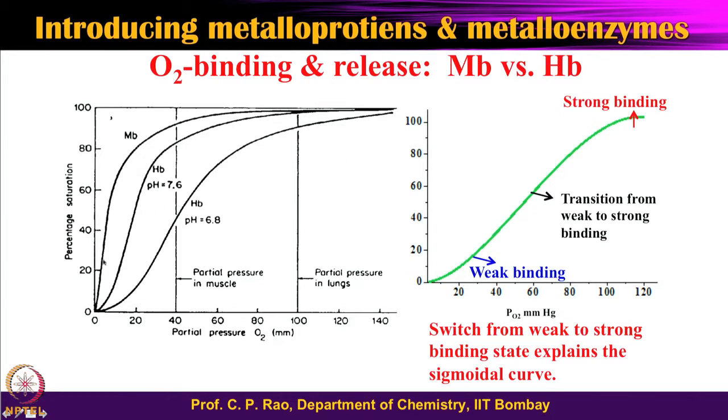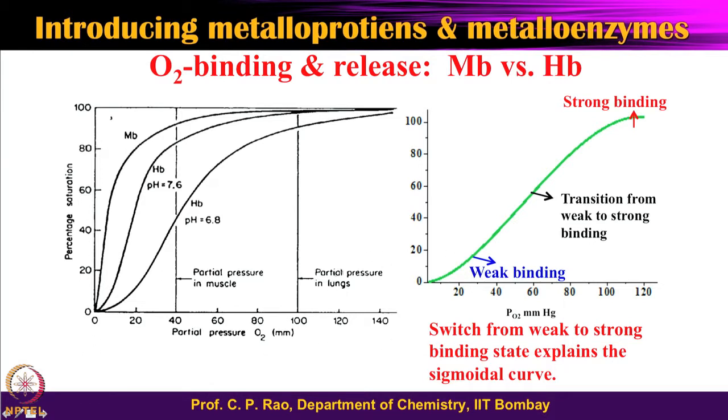Now, look at the myoglobin once again here, and this is the partial pressure of O2 versus the extent to which the protein is oxygenated, the oxygen saturation. See, MB, myoglobin, is going like this, absolute hyperbolic, and forget about this, look at this HB here, and you see a sigmoidal.